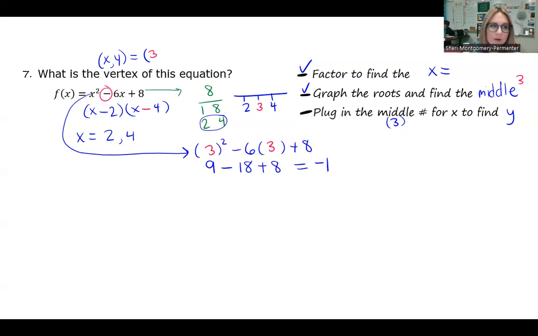Okay, so that is my y value. Oh, why did I do that? It's not what I meant to write. I meant to write -1. So that is my vertex.